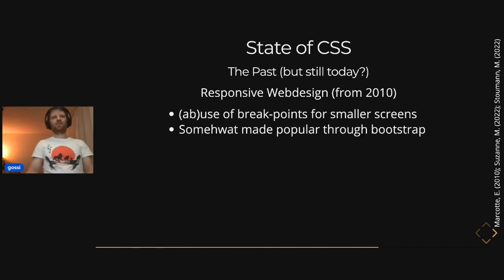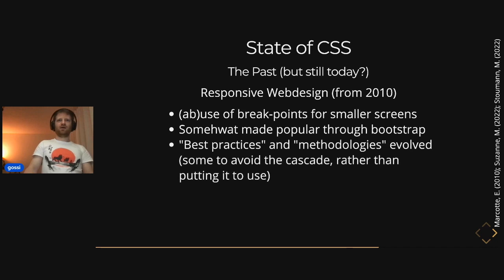Also, it has become somewhat popular through Bootstrap, as they were kind of the first framework or library which made the use of breakpoints popular. And then some best practices and methodologies have evolved, some to avoid the cascade rather than putting it to use.